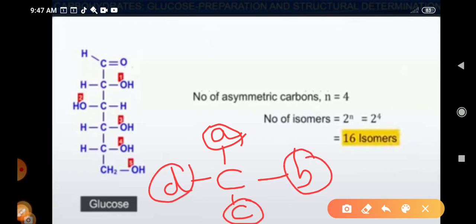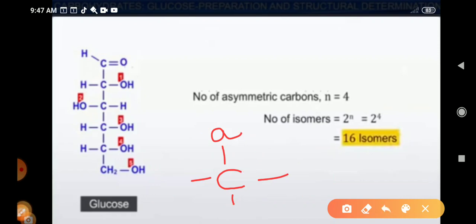If all the 4 are different groups, then this carbon is called an asymmetric carbon. And the molecule having an asymmetric carbon shows optical activity.